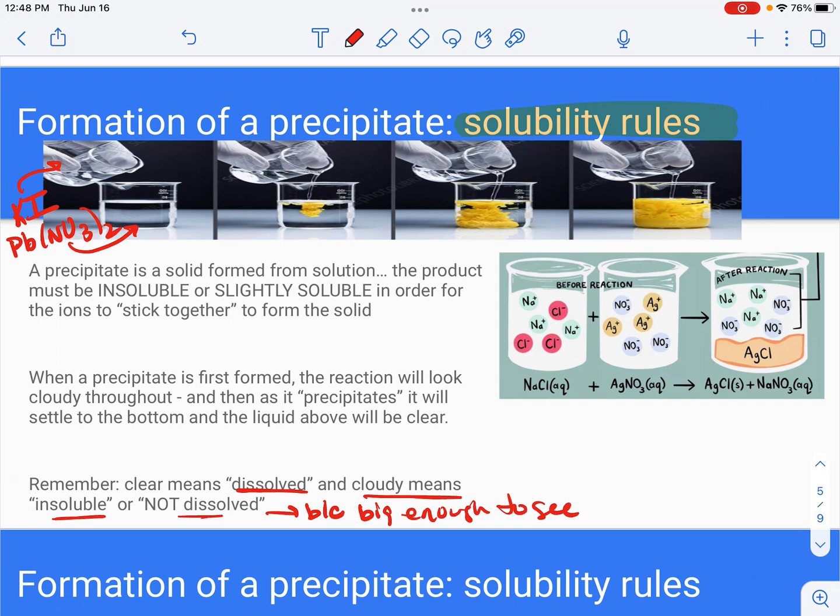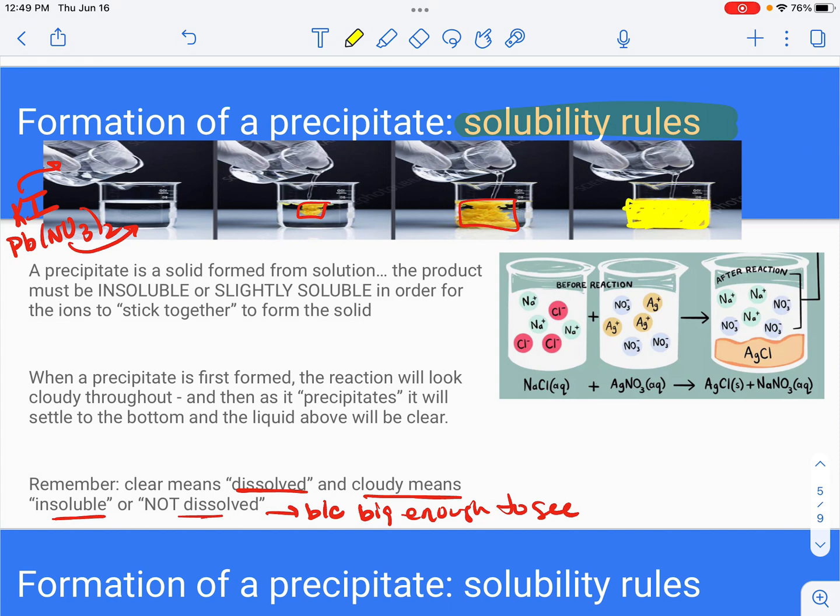Okay, so we start with these 2 solutions and we pour them together, and you can see right away this getting cloudy. And if I stirred this, instead of just pouring it in there, I think it's kind of cool, you can see all those little layers in there, but if I stirred this while I was pouring, it would just be cloudy. It would look like yellow milk.